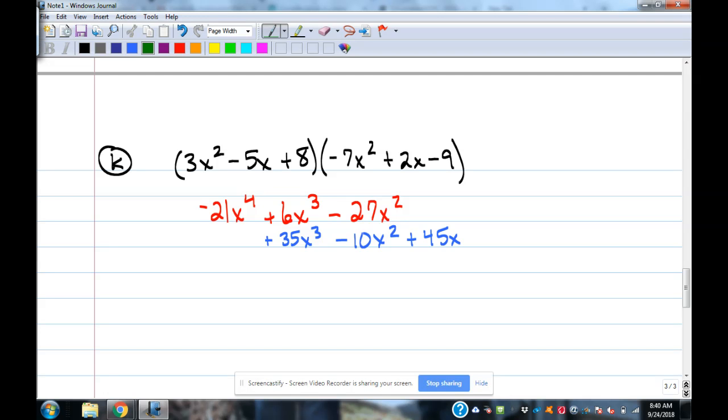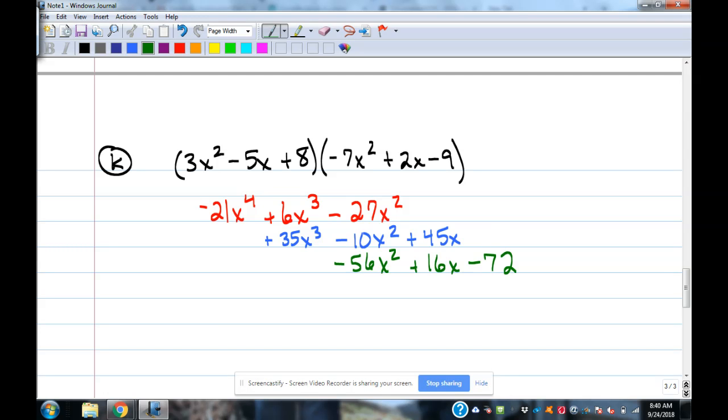Last step of the multiplying part, positive 8 times all those. 8 times negative 7x squared would be negative 56x squared plus 16x minus 72. There we go.